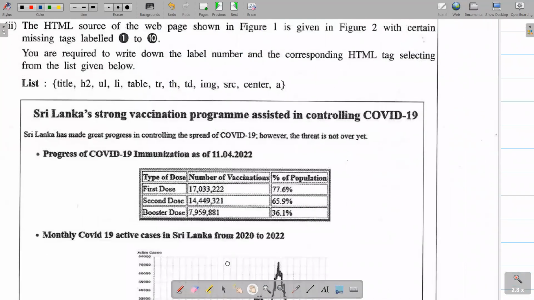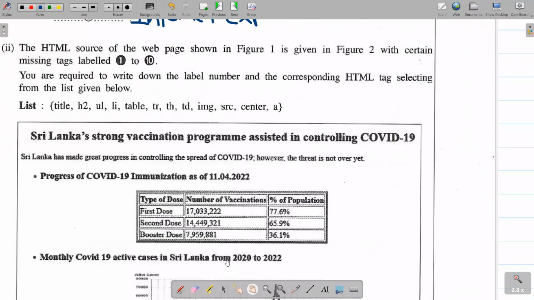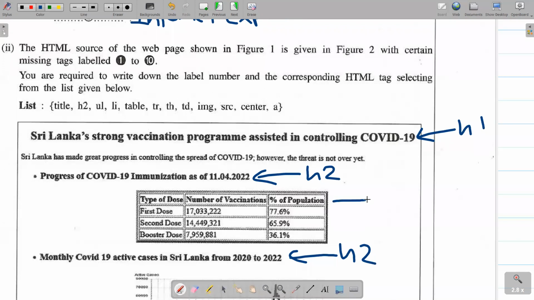Yes, the HTML content, right? So they have Sri Lanka's strong vaccination program in controlling COVID-19. Yeah, so this seems to be the header 1, and this seems to be the header 2, as well as this. So here they are using a table. So there should be 4 table rows. And since these things are bold faced, it should be a TH.